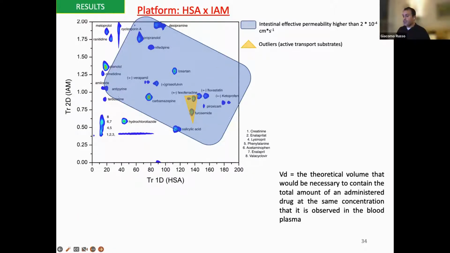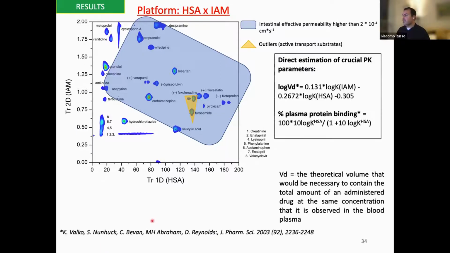But what is also interesting is that if we look at some literature by Clara Valko, that's here, and co-workers, we know that we can combine IAM and human serum albumin to gain information about the volume of distribution, but even more about the percentage of plasma protein binding.